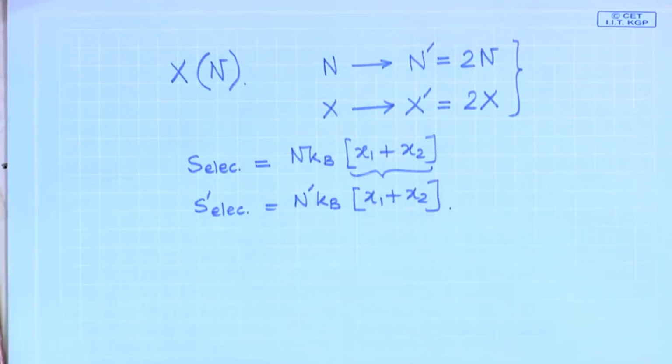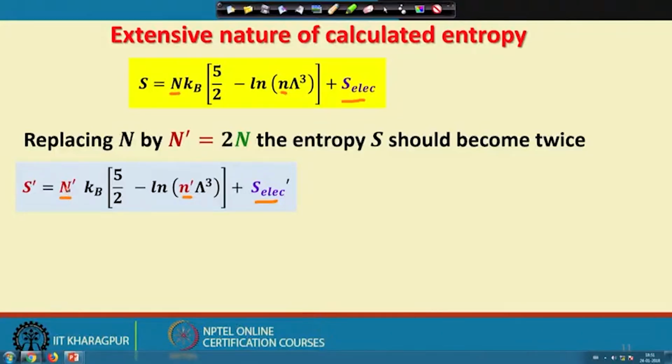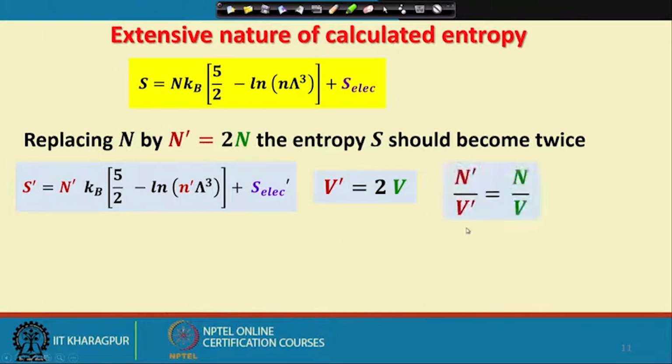So, if that happens, then I can now go ahead and replace N' by 2N and check what small n' and S' electronic are. I realize over here that when I put N' equal to 2N, the other extensive property that I have in this expression is volume. Then volume goes from a value of V to V', where V' is equal to 2V. Now, let us check what happens to the ratio n by V.